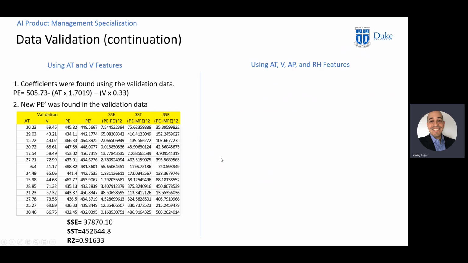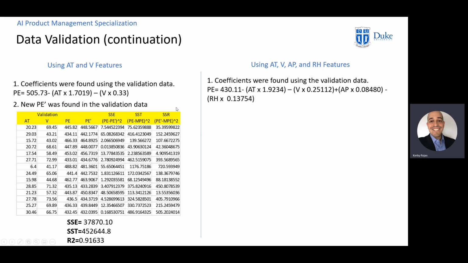But if I use all the features, I did the same thing. I get the information from the data tool in Excel to get all the coefficients. So I got 430 as the intercept, minus 1.92 for AT, minus 0.25 for V, 0.08 for AP, and 0.13 for RH.